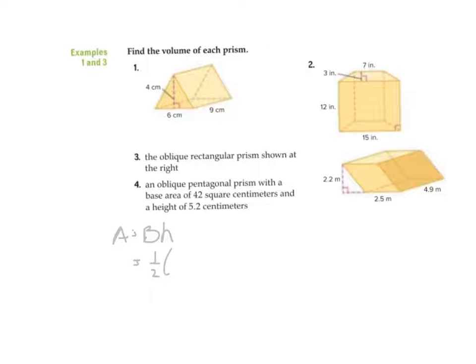The base is 6, and the height of the triangle, don't forget, is the perpendicular height, which is 4. Everything is being multiplied together, so you can multiply by 9, put it all into your calculator and you finish with 108. And again, put the units in, in this case centimeters cubed.